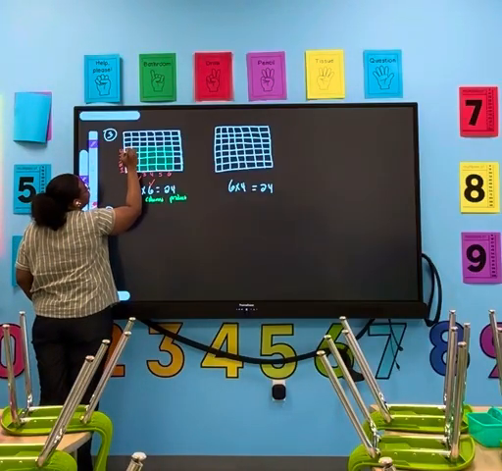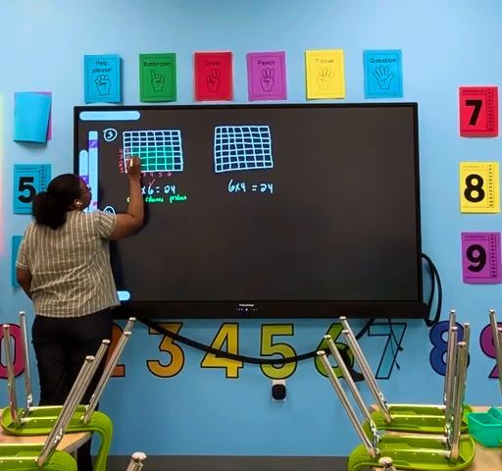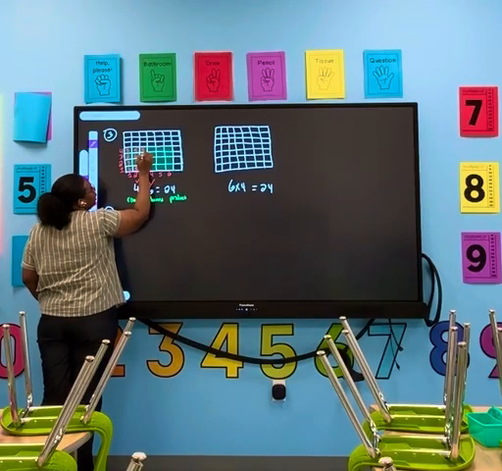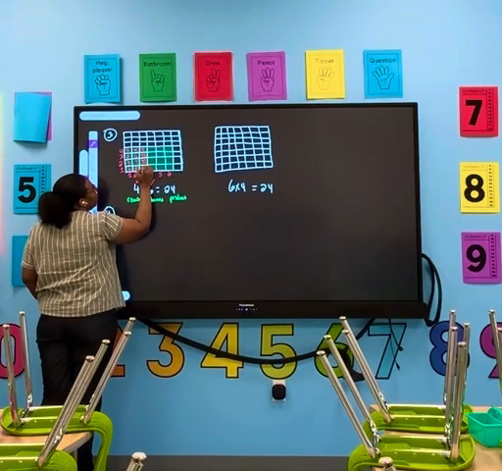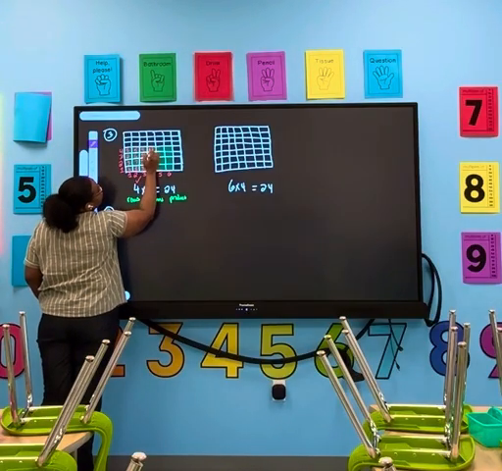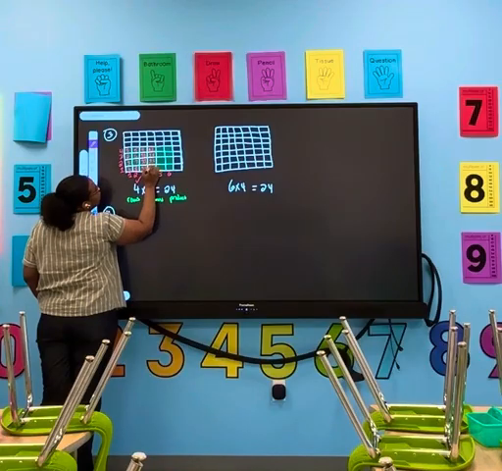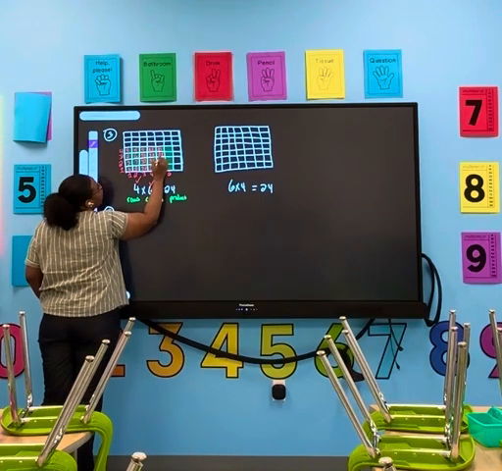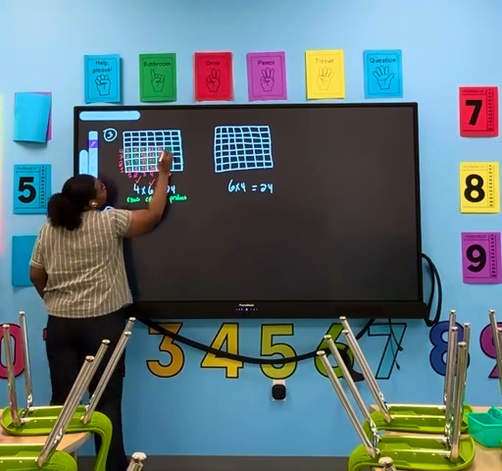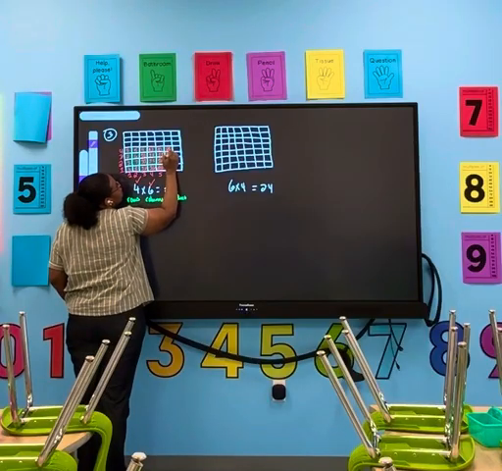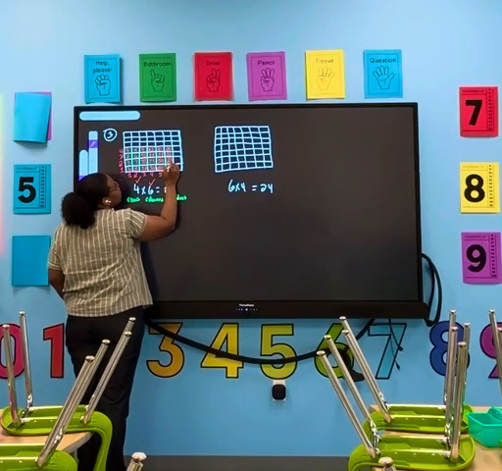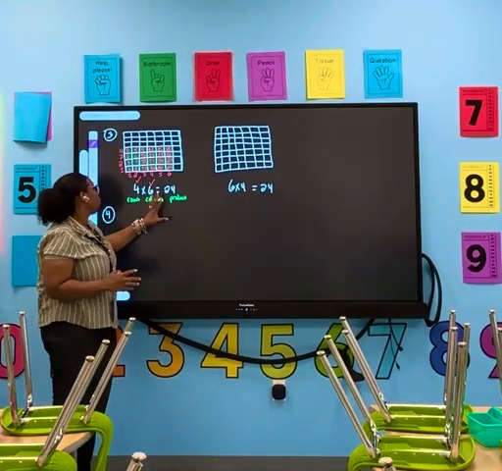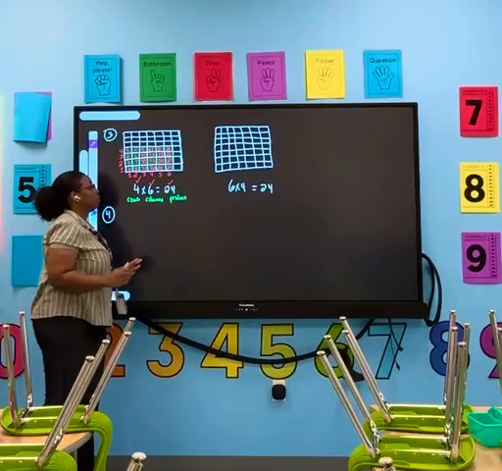So this is 1, 2, 3, 4, 5, 6, 7, 8, 9, 10, 11, 12, 13, 14, 15, 16, 17, 18, 19, 20, 21, 22, 23, 24. So when I counted all my shaded in squares, that gave me the product of 24. So everything has checked out, and that's good.